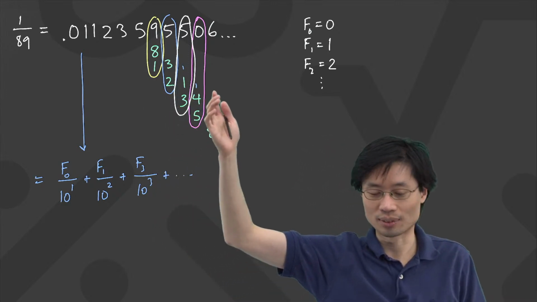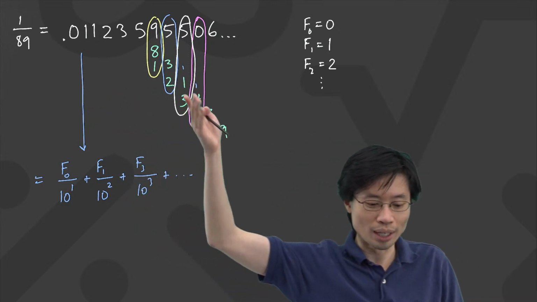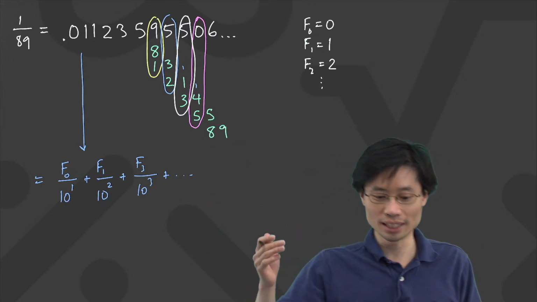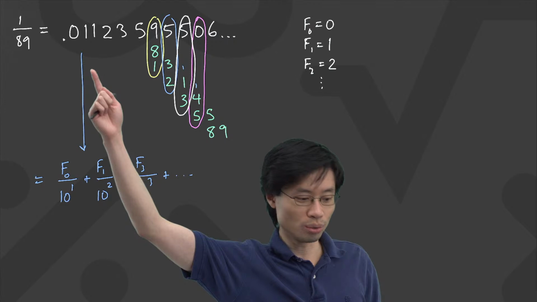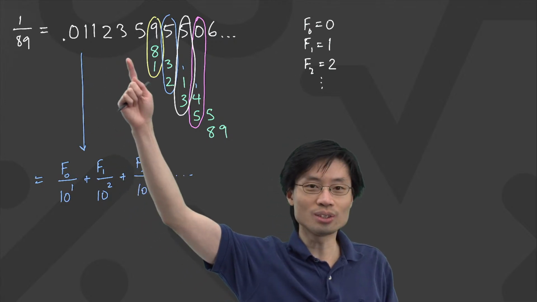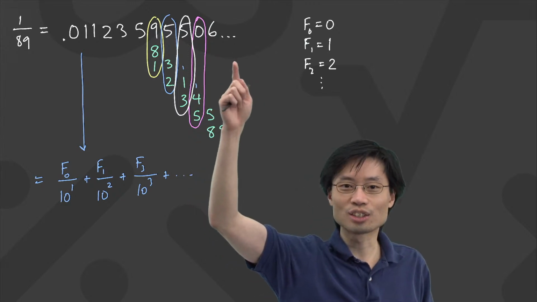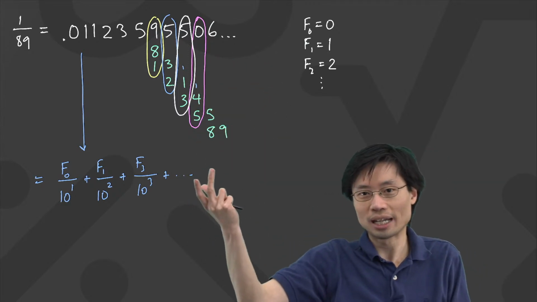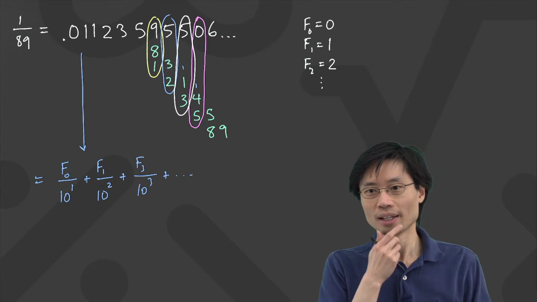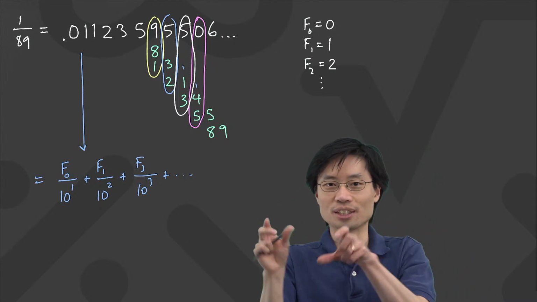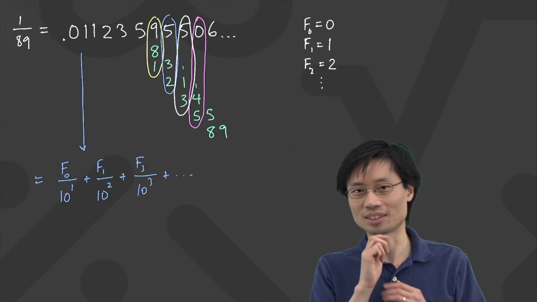So maybe I would want to write not point 0112359, but I could give some more space. I could say point 00, 01, 01, 02, 03, 05, 09, 13. Do you know what I mean? I could give more spaces. If I wanted to give myself 2 place values for each thing, what's the only thing I would have to change?